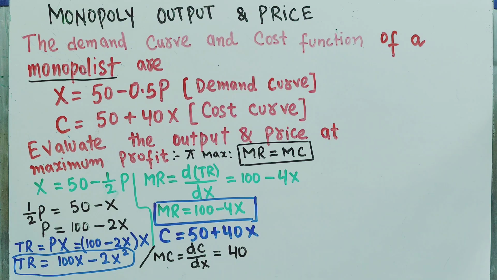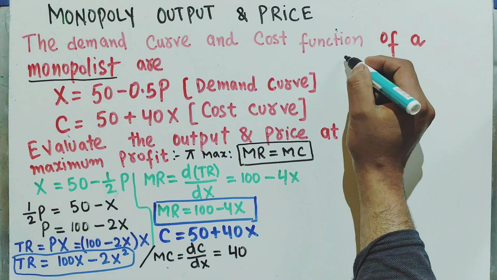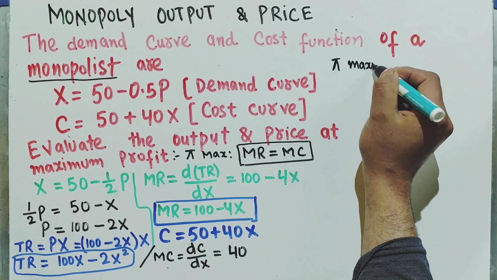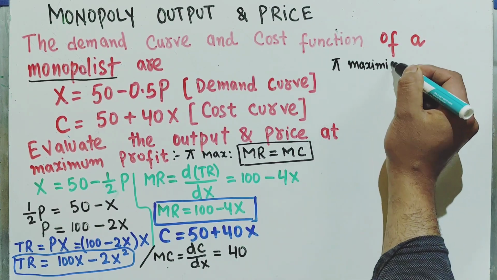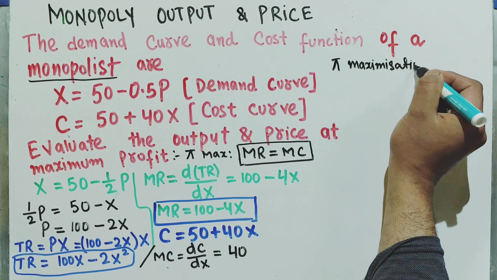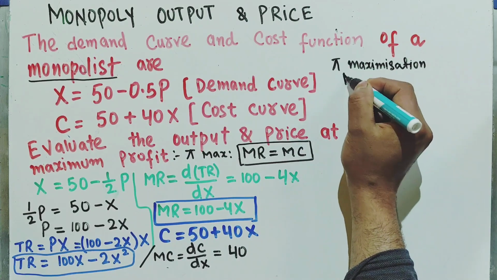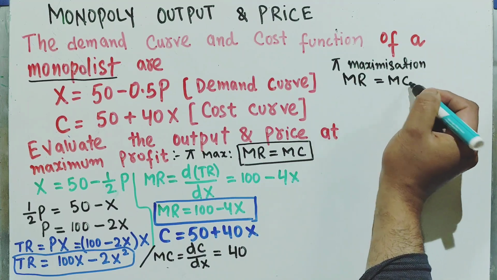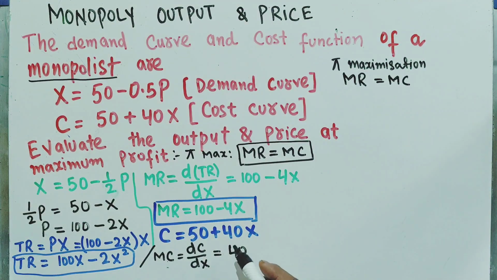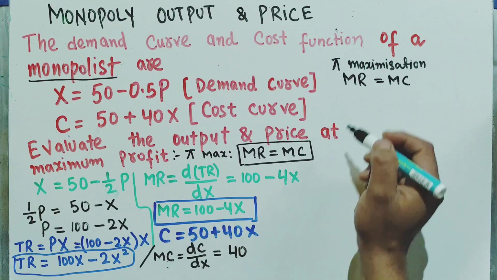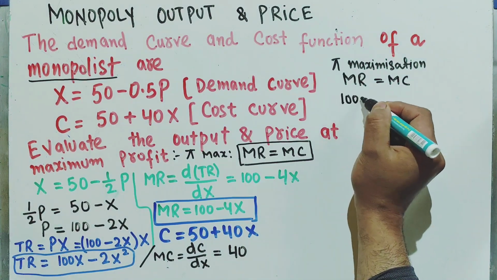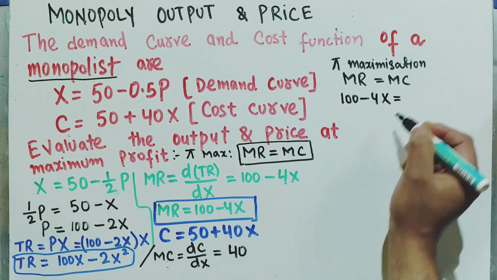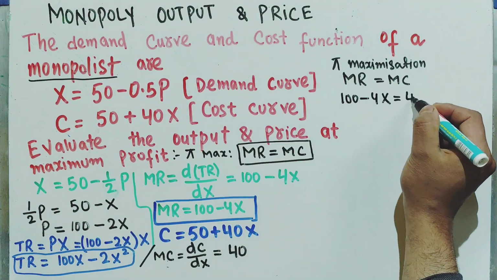Now using the profit maximizing condition, profit maximization requires that we equate the marginal revenue with the marginal cost. Marginal cost is 40 and marginal revenue is 100 minus 4x, this very function, and we equate it with the marginal cost, which is equal to 40.